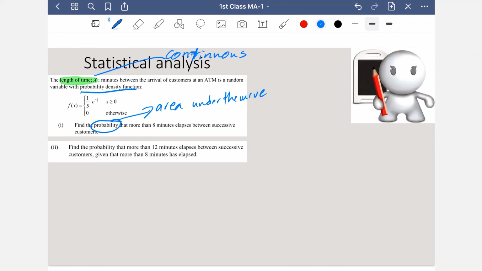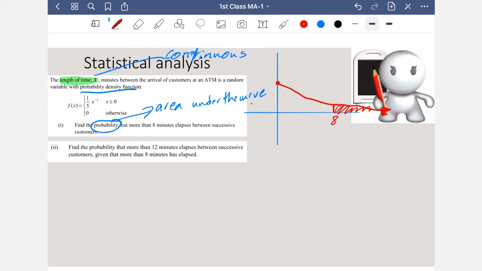It might help us out just to actually sketch this. So when I sketch this particular function, I'm going to have a function that looks like this, and what I want is more than 8. So this is obviously x. What I want is this area over here.